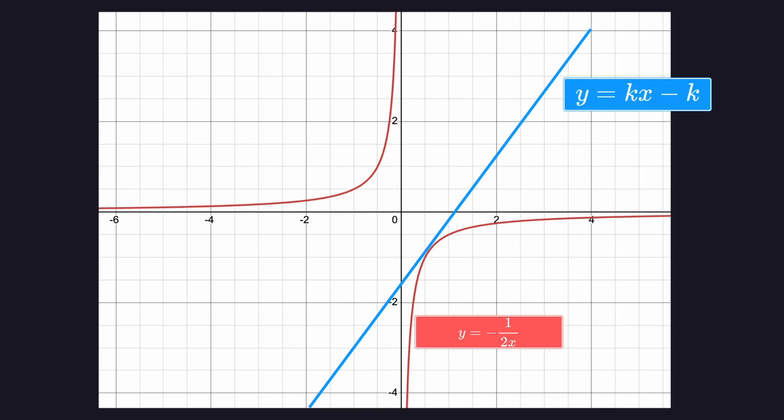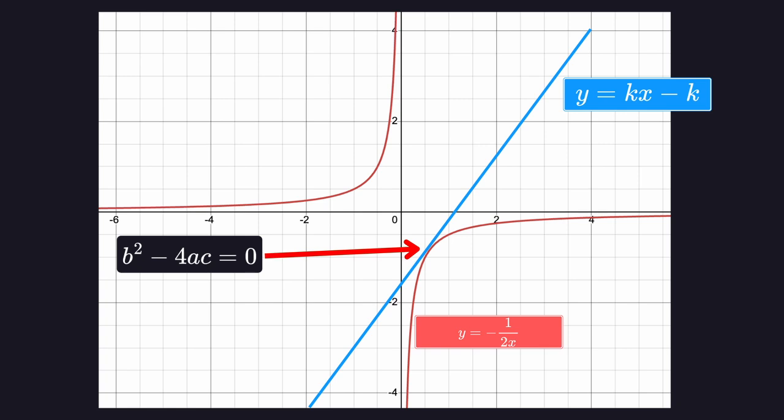Now, the next step here is to recognize something about what the line hitting the curve at the tangent means. Can you guess what it is? The line hitting the curve at a tangent indicates that first things first, the discriminant b squared minus 4ac must equal 0.